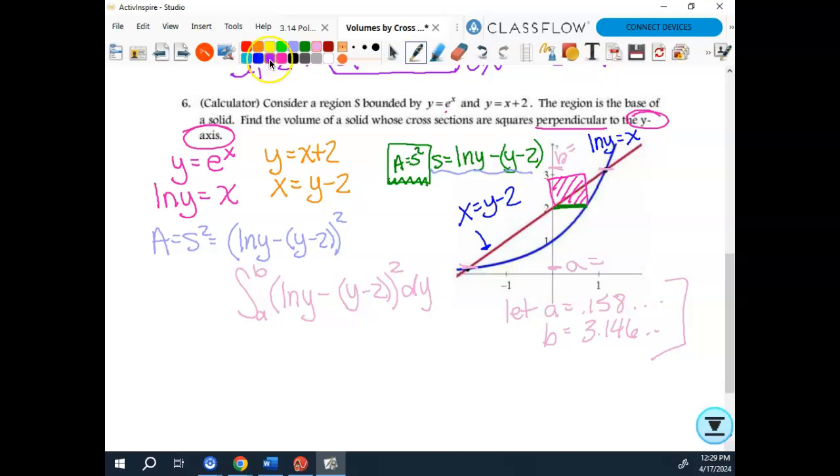Now, when we put this in the calculator, we put this in F1, and we put this in F2, right? So I'm really doing F1 minus F2. And again, in the calculator, this is dy, but we're using dx.